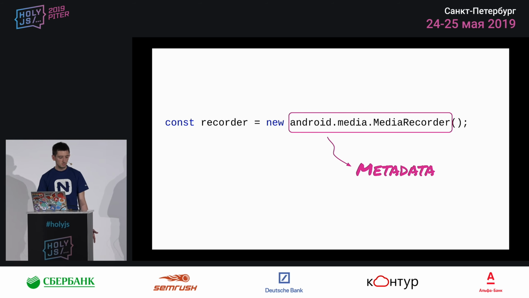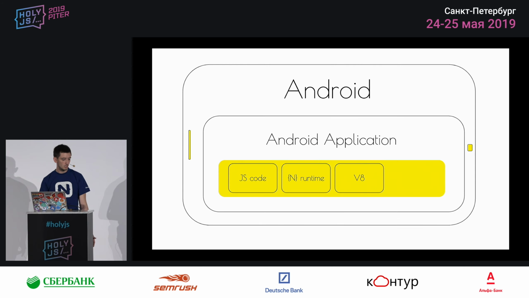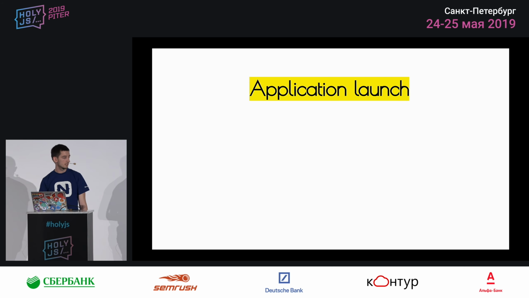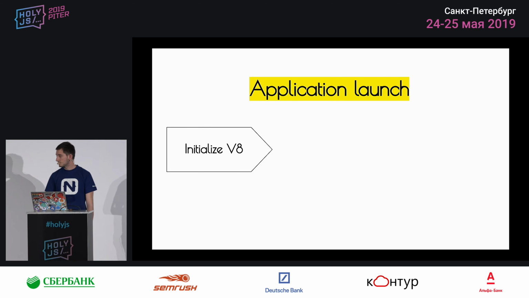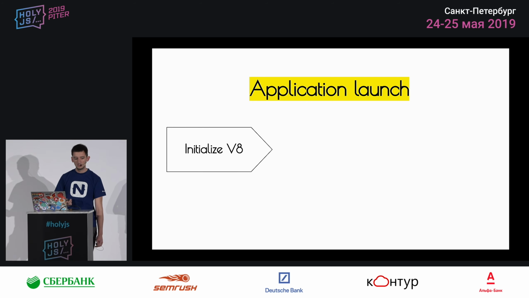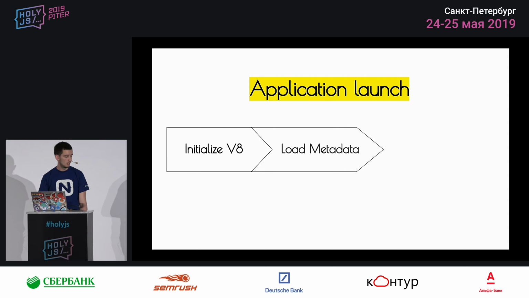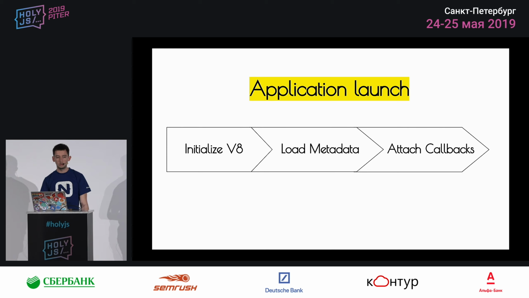But how do they work? Let's take a look at what happens at application launch. When the application runs, we initialize V8. We load the JavaScript code, we compile it, and it's almost ready to be executed. Then we load the metadata and attach some callbacks.